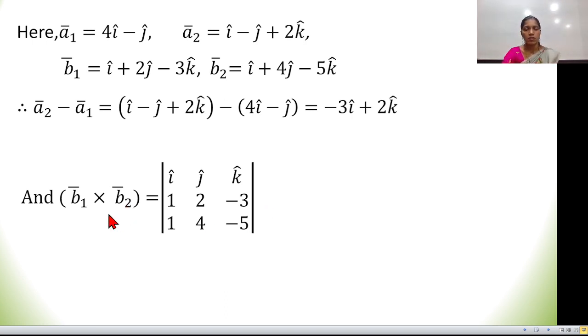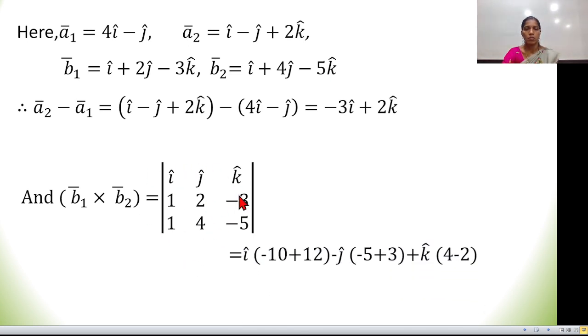And the second vector is b2 bar, so in our third row we write the coefficients of i cap, j cap, k cap, which are 1, 4, minus 5.